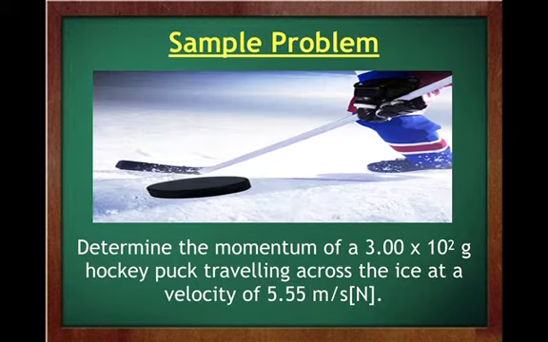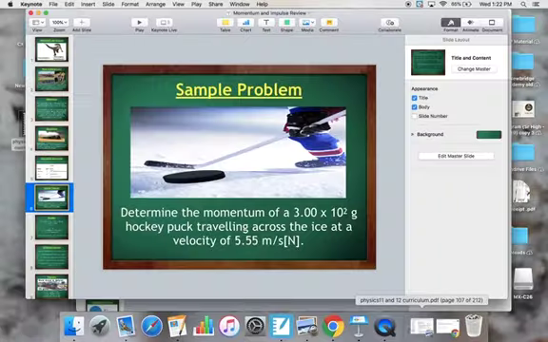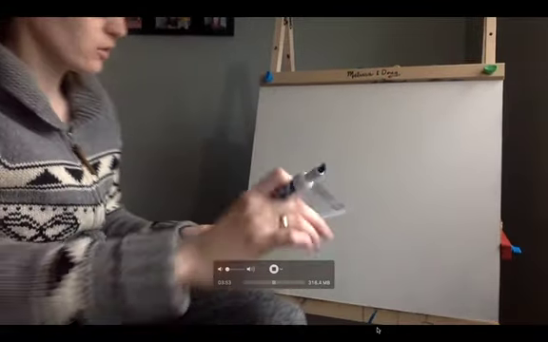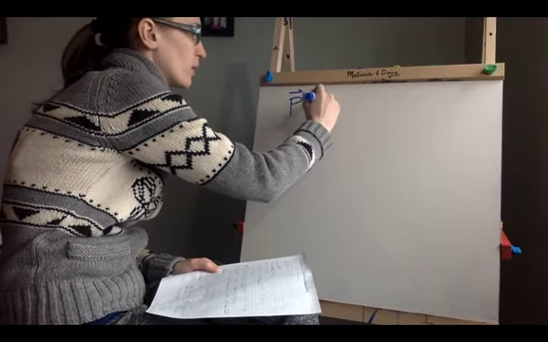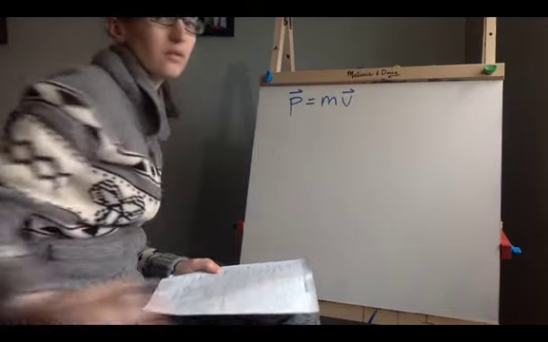All right, so let's start with a relatively simple sample problem to review this again. Determine the momentum of a 3.00 times 10 squared gram hockey puck traveling across the ice at a velocity of 5.55 meters per second north. Number one, we've been asked to find the momentum. We know the formula is momentum equals mass times velocity.